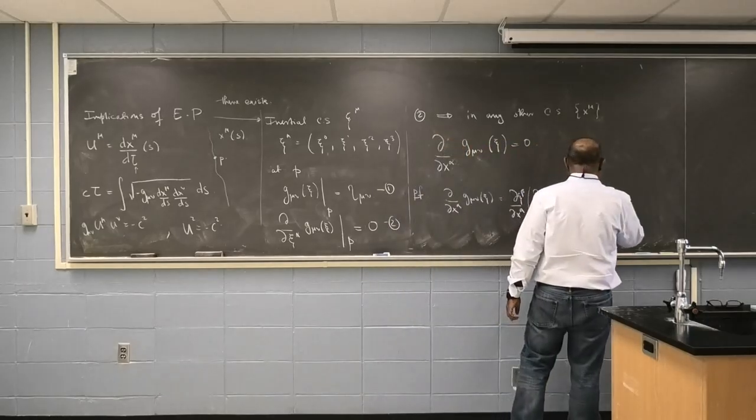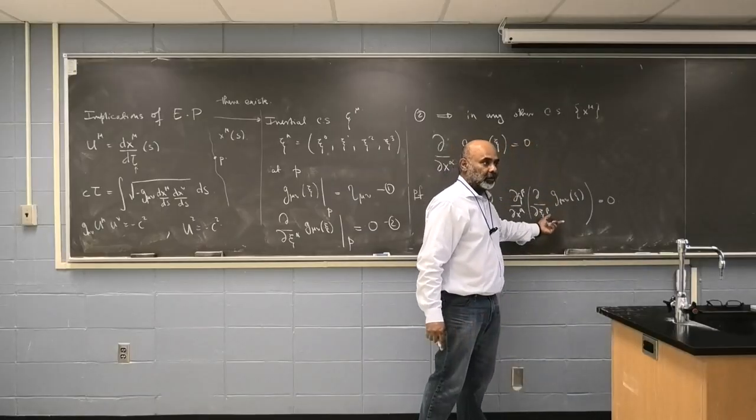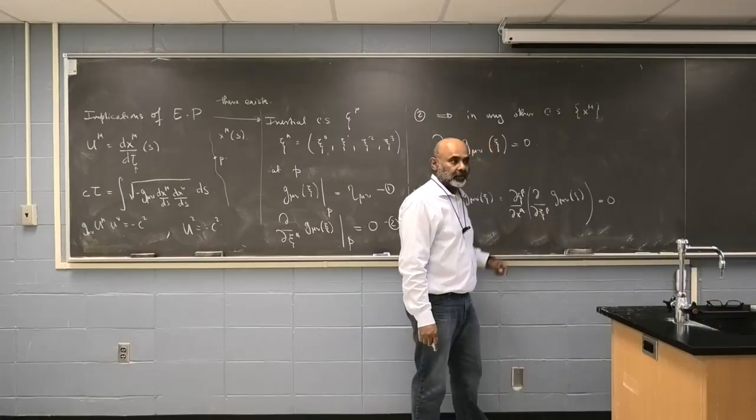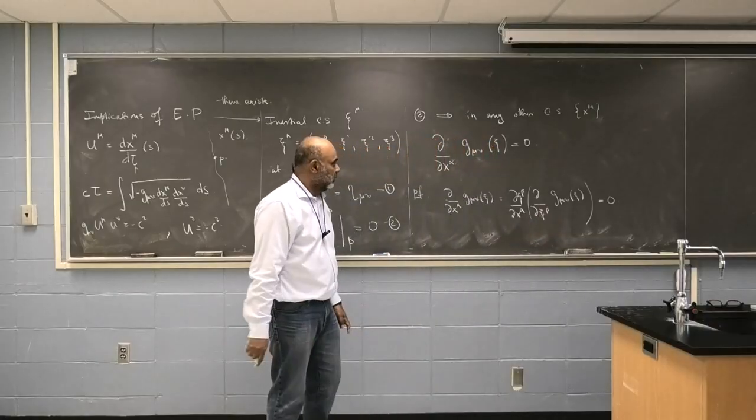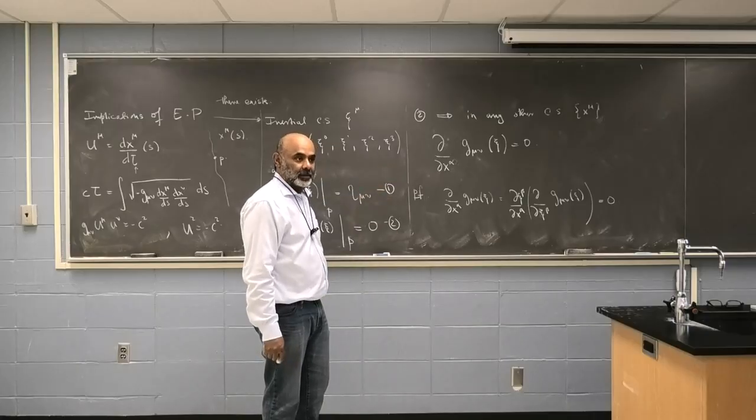So this continues to be 0, because this is just a multiplication of a 0 matrix. So that's what it means.